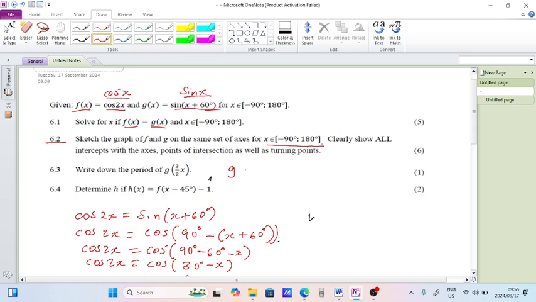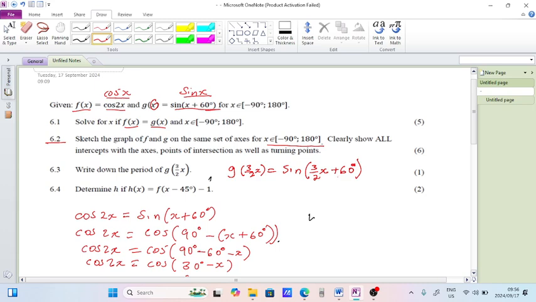We're going to have G of x equals sine of 3 over 2x, and then plus 60 degrees. We substitute 3 over 2x for x.